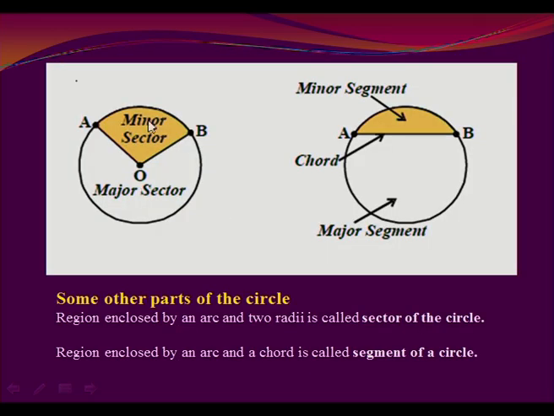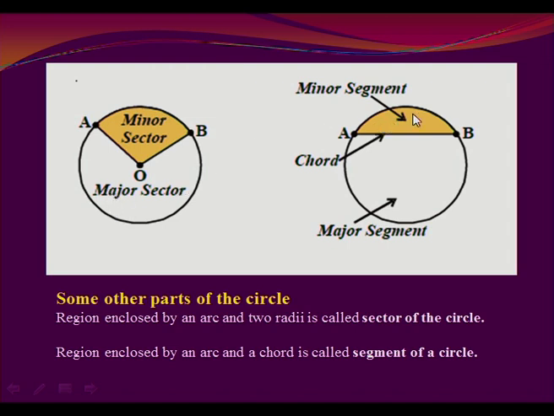Again you see here, OA is a radius and OB is a radius, and AB is a small arc, minor arc. The region shaded in yellow color, OAB, is a minor sector. Again, the white part is the major sector.